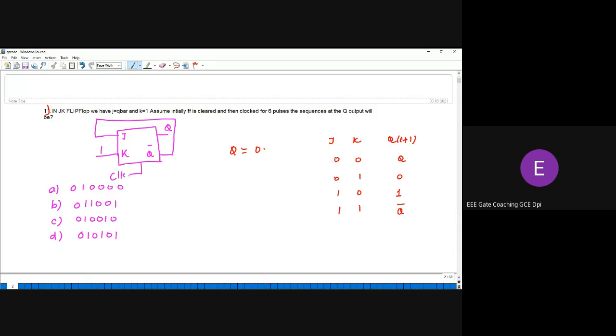Q means the present state, and this is your next state. Suppose my input J and K is 0 0, the next state value also remains the same. If it is 1 1, Q becomes Q bar.